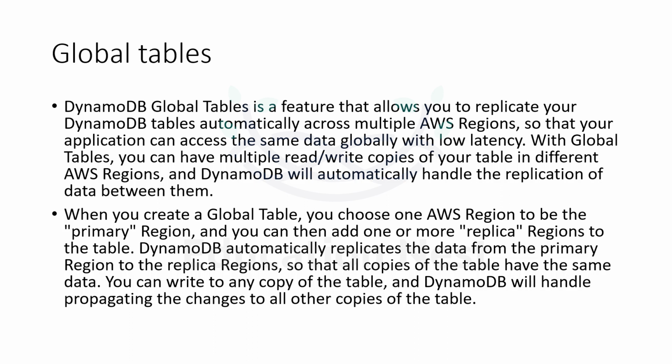So what are the benefits of this global table? The first benefit that we could think of is multi-region access. So you can access the data from anywhere in the world. Let's suppose that your primary region is somewhere in India and you also have a customer base in the USA.